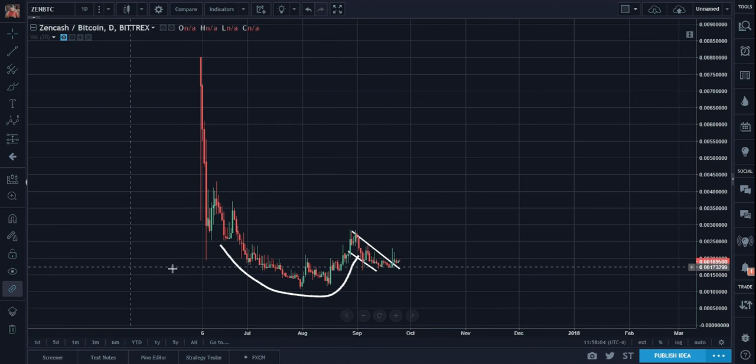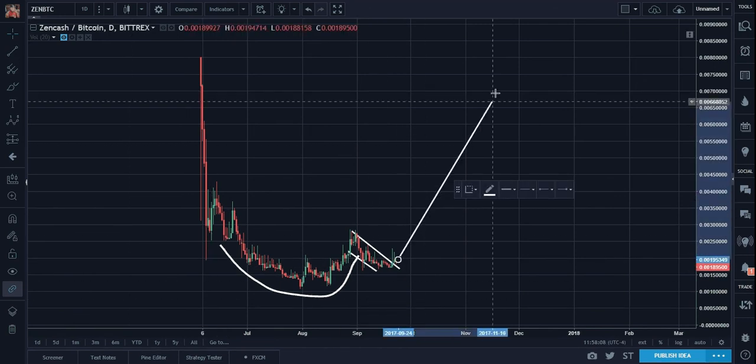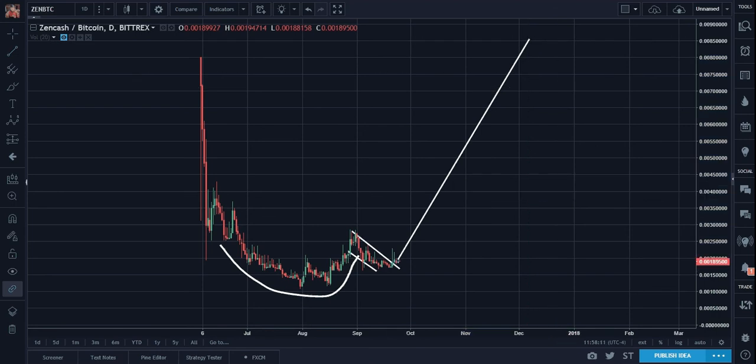Cup and handle. I won't do the counts here, just because then the video will get too long. So bullish on Zencash.